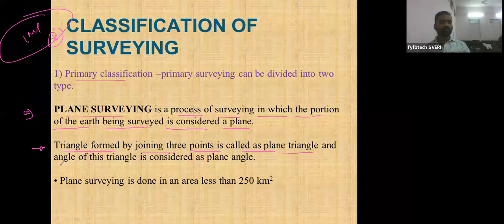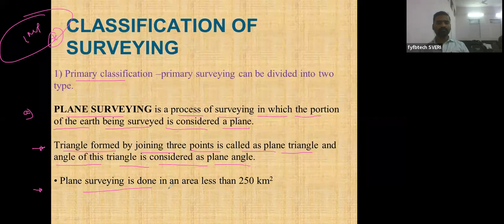And the angles of this triangle are plane angles. Next point.